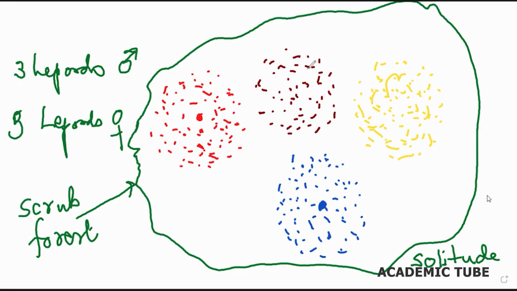Okay. Now, what you should understand, as far as these red dots are concerned, this is its area. And the brown one, it is its area. Let me make a dotted line.